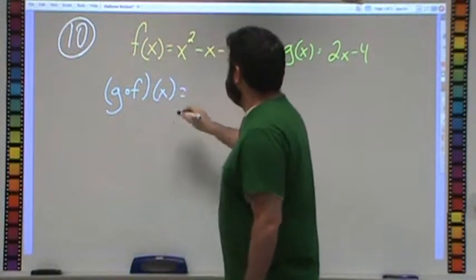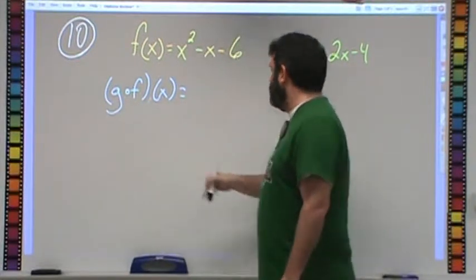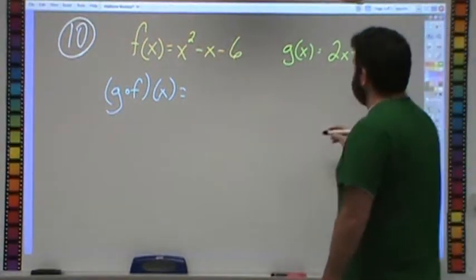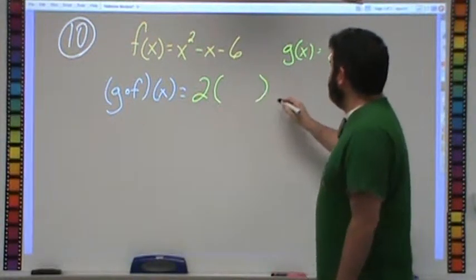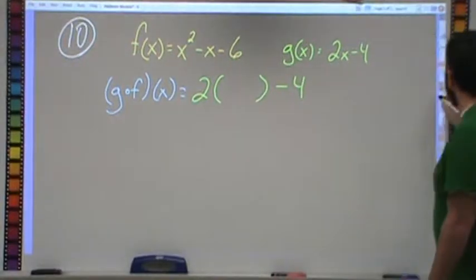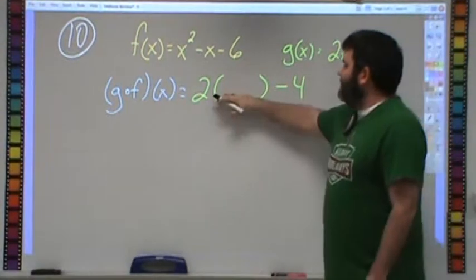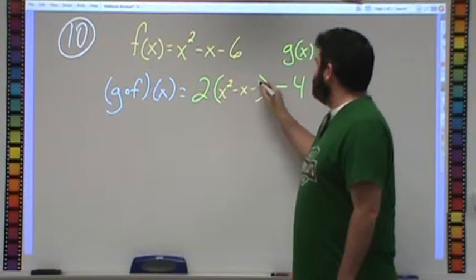G of f of x means that I'm going to take f and put it inside of g. So the way I do that is I write g, but instead of writing the x, I put a nice open parenthesis, because that is where f's going to go. So inside of g, I put f, which is x squared minus x minus 6.